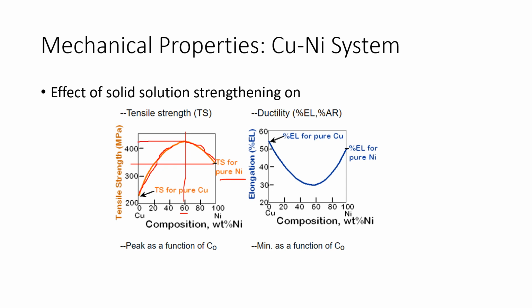So if we add nickel to the alloy up to 60%, we can get the maximum tensile strength.